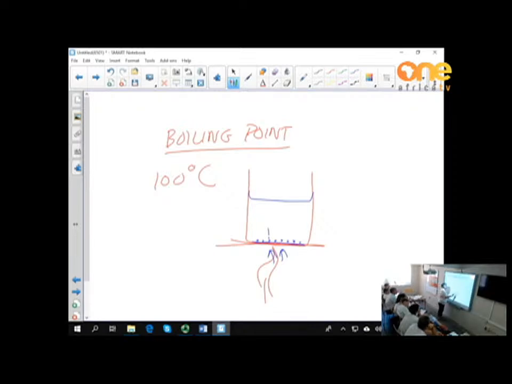But eventually, as this water starts heating up, and we get more or less the same temperature throughout, at a certain point, the water inside this container has enough energy to cause a little bubble of which the vapor pressure inside the bubble is equal to air pressure, or the pressure on the surface of the liquid. And at that point, a liquid will boil.